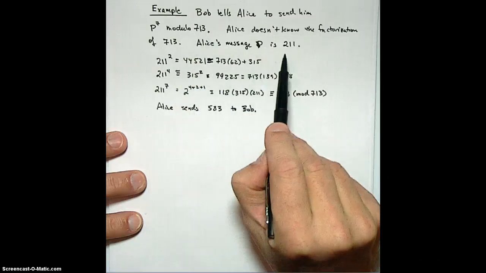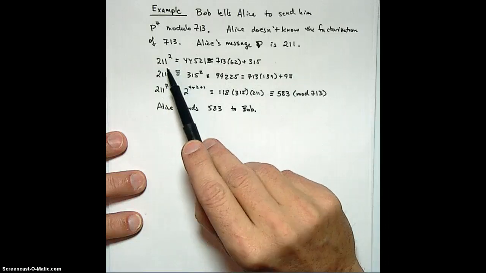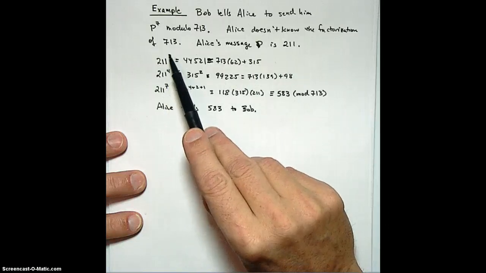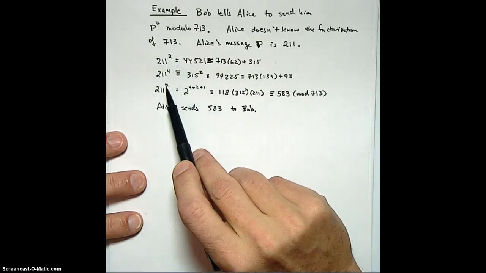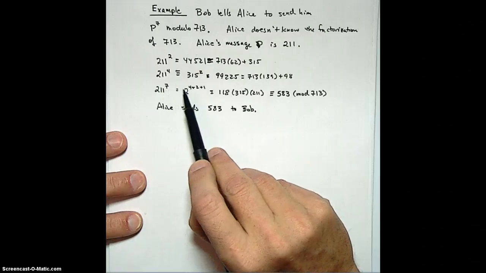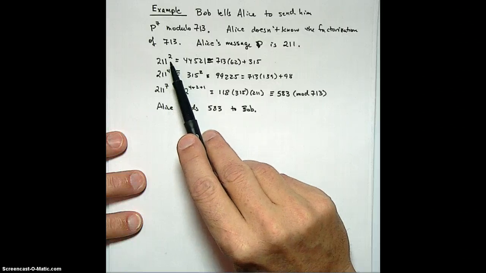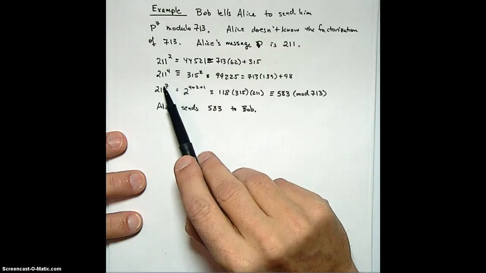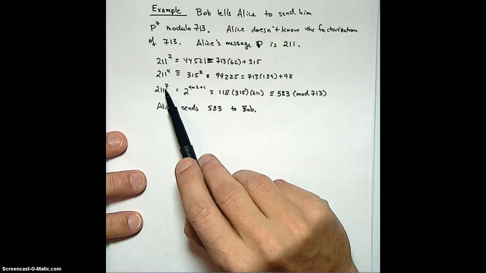So the repeated squaring method means that she has to decompose the power according to its binary expansion, and she has to do squarings log base 2 of e times, e being the exponent that she's supposed to use.